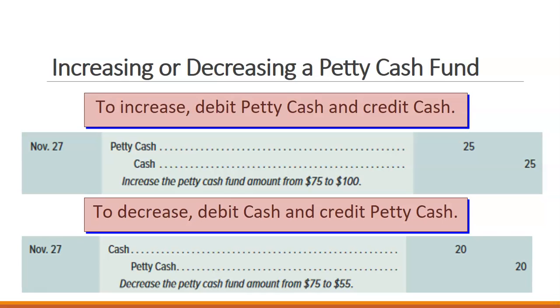It's usually not a very large amount, so $50 to $100 would be fairly standard, and it's just to take care of any miscellaneous or small expenses that might happen that we wouldn't want to take the time to issue a check for. But we would need a record or receipt of why this cash is going out and being used.